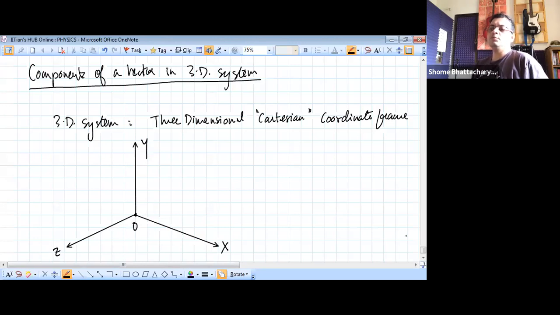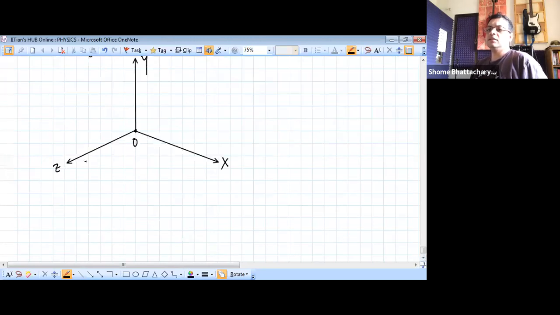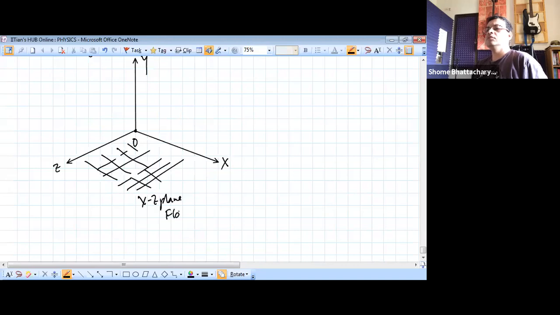So these are 3 mutually perpendicular axes, such that your xz plane is the floor on which you are sitting. The yz plane is the wall on your side, the wall on your left hand side.